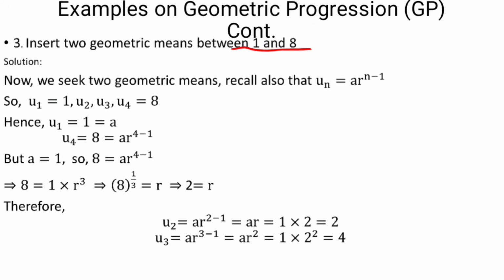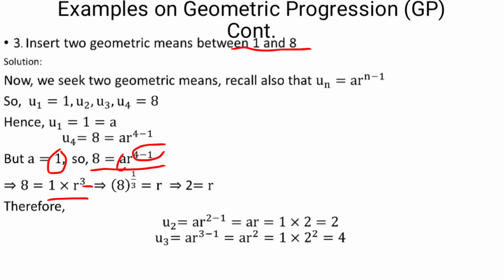So we simplify further. We know what a is. It is 1. That's why there's 1 times r to the power 3 here, because 4 minus 1 gives you 3, right?